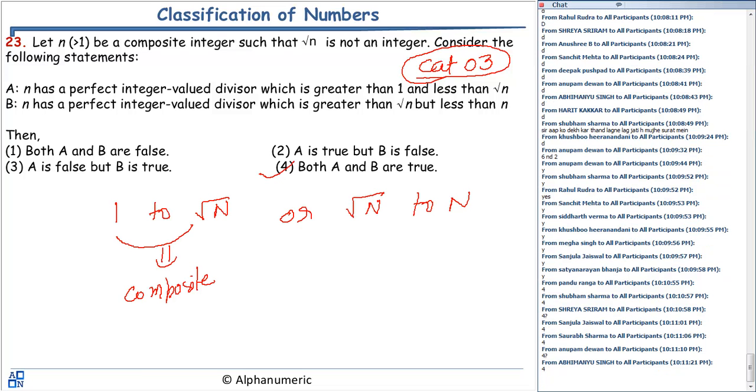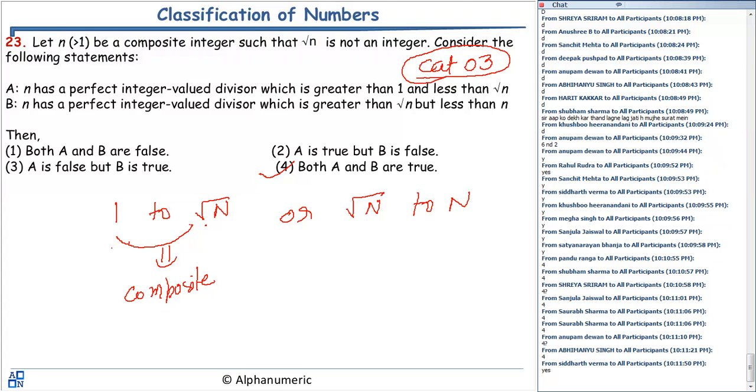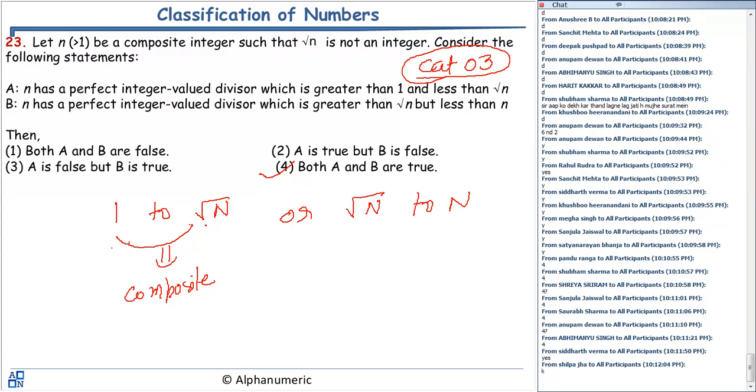Because if there is any factor between 1 to root n, then this number will be always a composite number. Or if there is a factor between root n to n, then this will be also a composite integer. Otherwise, it is a prime. So answer is both the statements are true. ठीक है ना? Integer valued divisor means we are talking about a factor. So the answer is both A and B are true.